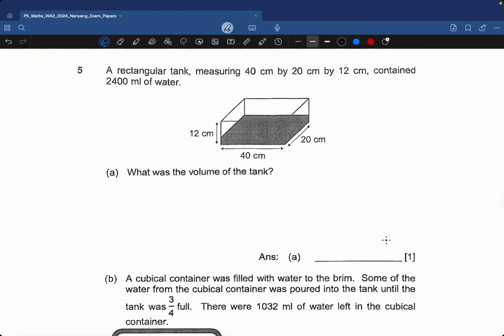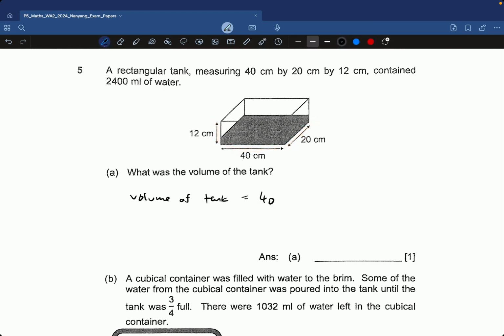Let's move on to question 5. So question 5 here says a rectangular tank measuring 40, 20, and 12 contain 2,400 milliliters of water. What was the volume of the tank? So volume of tank is basically length times breadth times height.